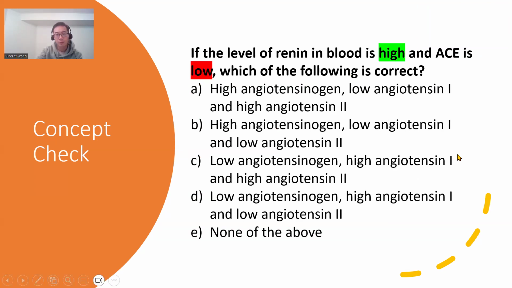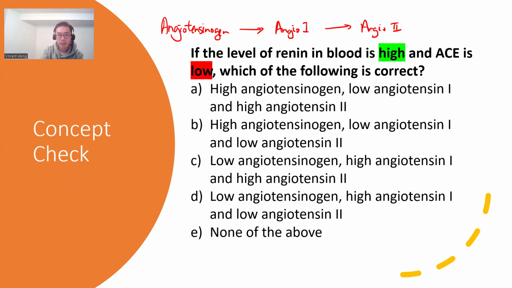If the level of renin in blood is high and ACE is low, which of the following is correct? Okay, so let me show you how to do this one. We have angiotensinogen, and then it becomes ANGI and ANGII, right? This one needs renin, and this one needs ACE.